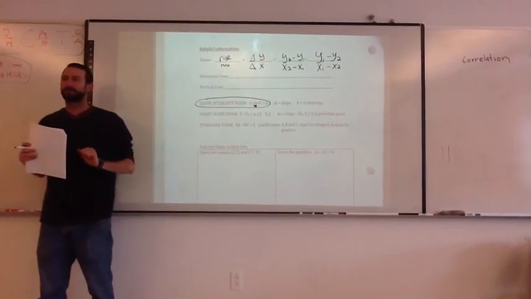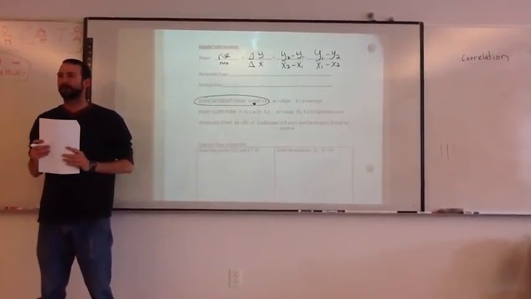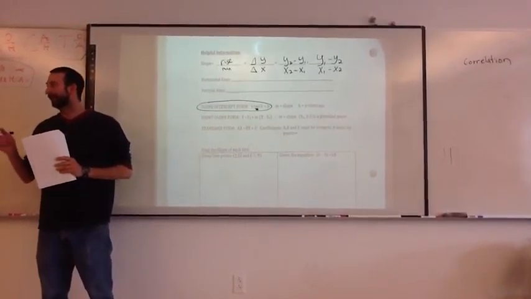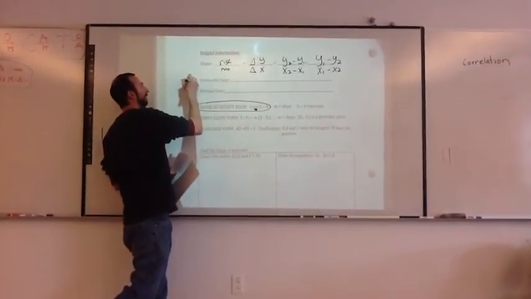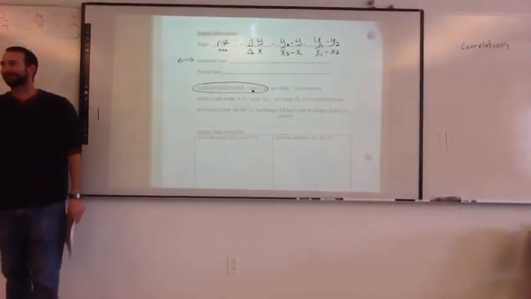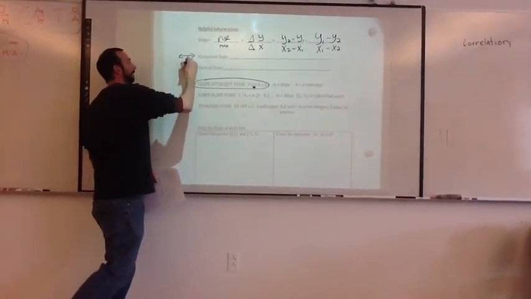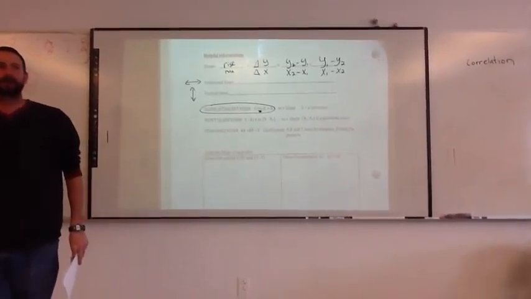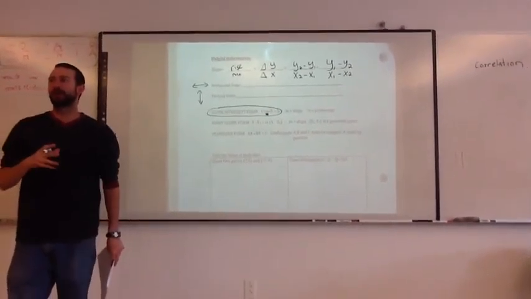Horizontal lines. What do they look like? Like that. What do vertical lines look like? Straight up and down. What can you tell me about the slope of horizontal lines or vertical lines?